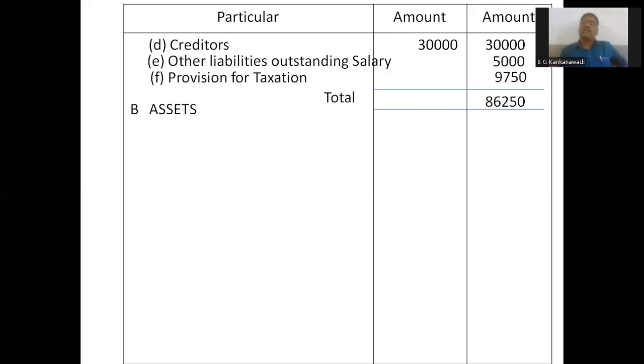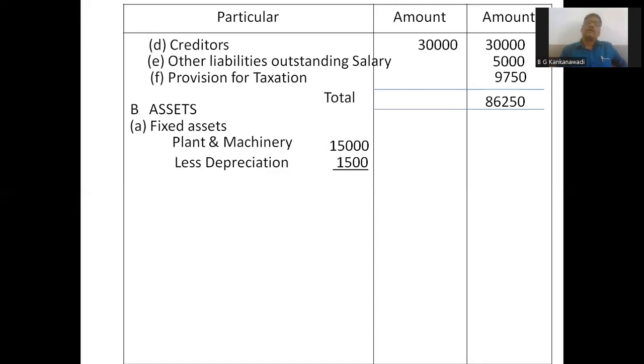Hereafter you go to assets. In the assets, first is fixed assets. In the fixed assets, only two are there. First is plant. Plant value is 15,000 less depreciation. Depreciation 1,500 you deduct. Balance is 13,500.